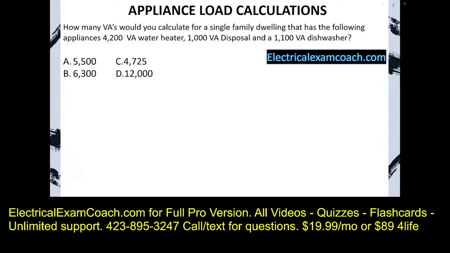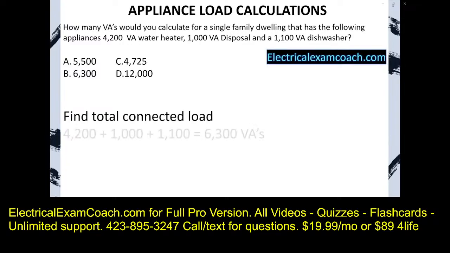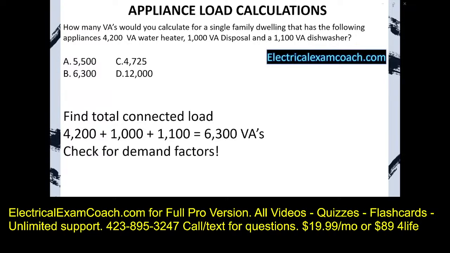How many VAs would you calculate for a single-family dwelling that has the following appliances: a 4200 VA water heater, a 1000 VA disposal, and an 1100 VA dishwasher? First, we're going to find the total connected load. We total all that up, it equals 6300 VAs. Now, we check for demand factors.